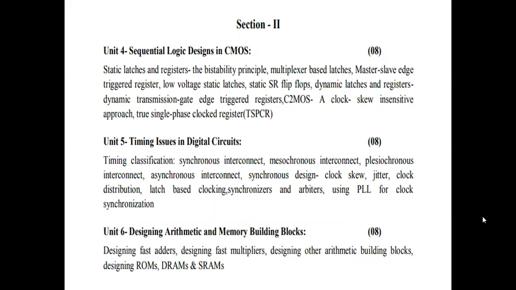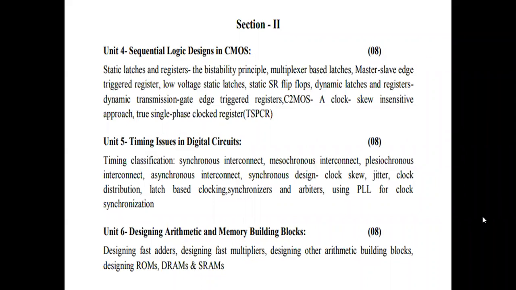Okay, so what are the different points that we are going to discuss under this unit? Timing classification, synchronous interconnect, then mesochronous interconnects, then plesiochronous interconnect, asynchronous interconnect. There are different types of interconnects that we are going to discuss. Then what do you mean by jitter? What do you mean by clock skew? Then how clock distribution should happen while designing a digital circuit?